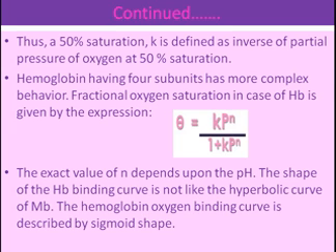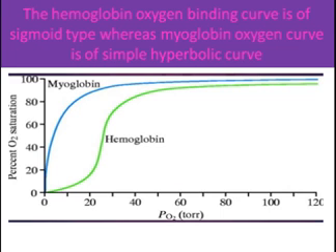The exact value of n depends upon the pH. The shape of the hemoglobin binding curve is not like the hyperbolic curve. The hemoglobin oxygen binding curve is described by the sigmoid curve, whereas the myoglobin oxygen binding curve is described by the hyperbolic curve. These two curves are represented according to the equation we discussed earlier.